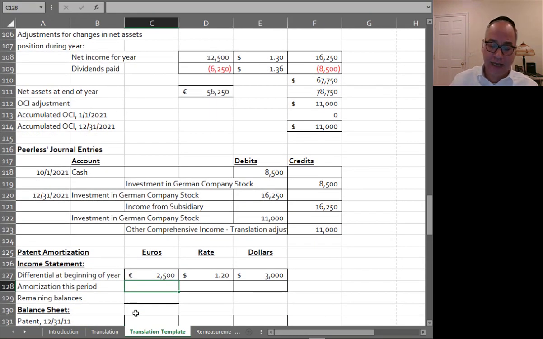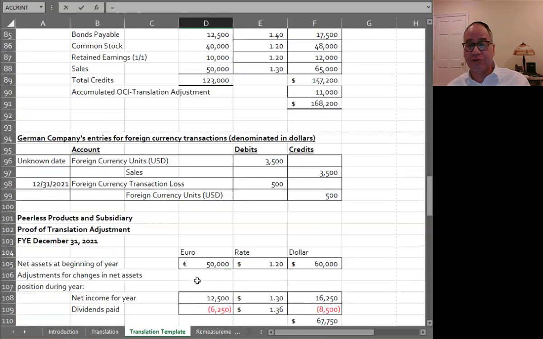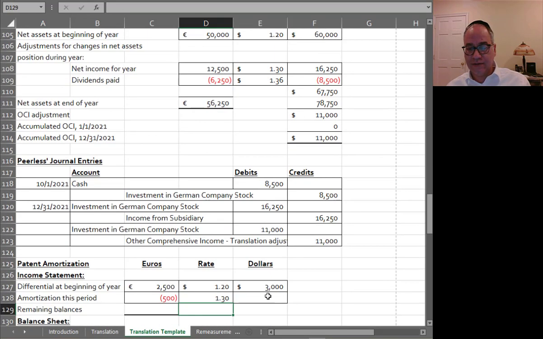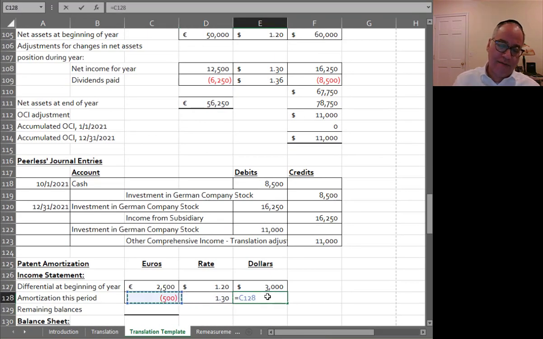And this patent needs to be amortized over 5 years. So annual amortization would be 500 euros. That amortization would translate at the average rate, which is $1.30. So it would be 500 times $1.30, or $650.